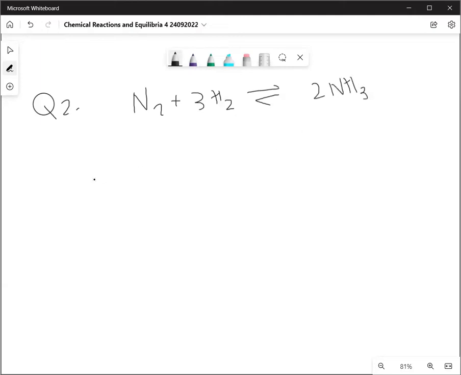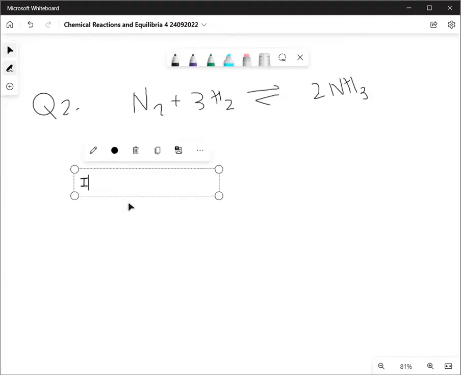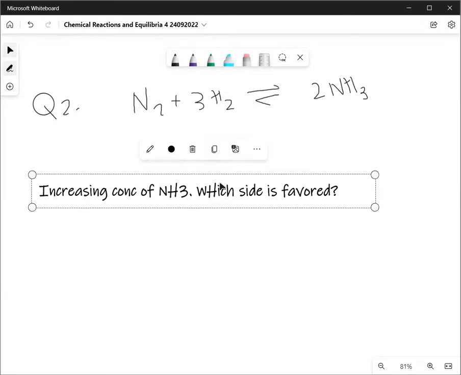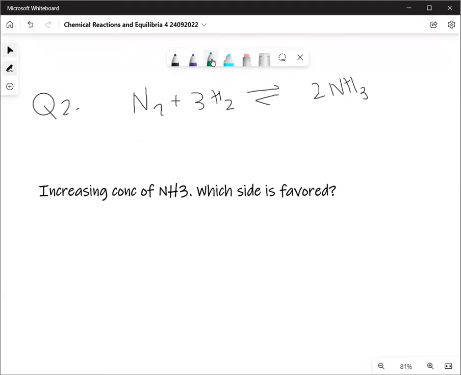Now what I'm doing is increasing the concentration of NH3. Which side is favored? Tell me. Product side is favored. Which side is the reactant side? The opposite side is favored. So the reactant side is favored.